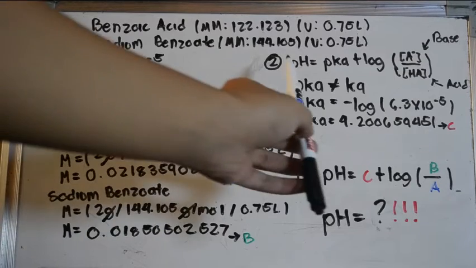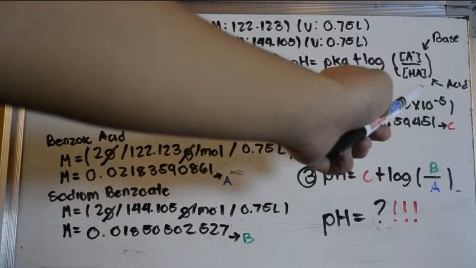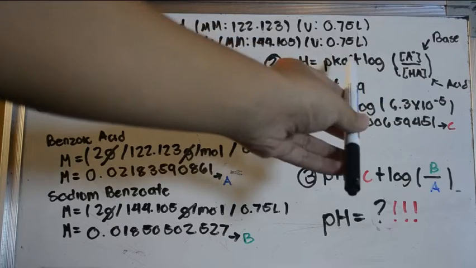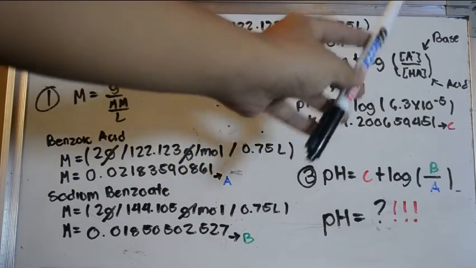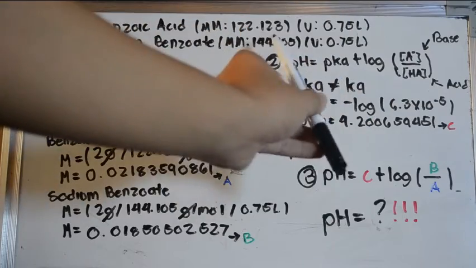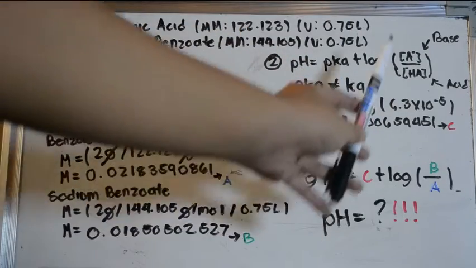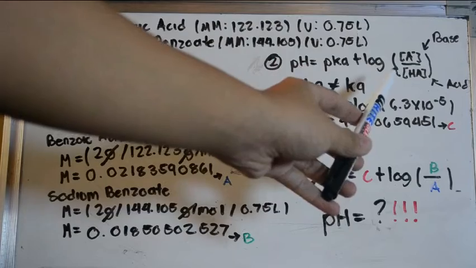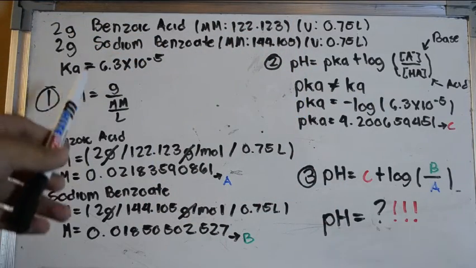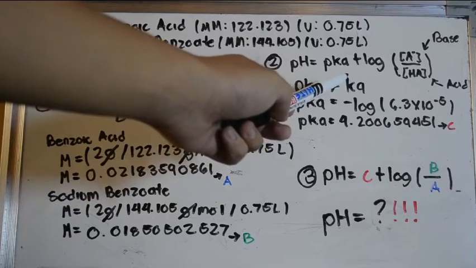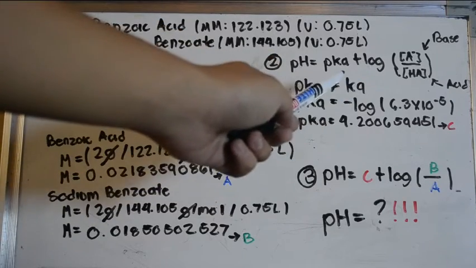Now, given this, we have to plug this all into the Henderson-Hasselbalch equation. But the problem is, these givens by themselves cannot supply the Henderson-Hasselbalch equation. The only thing that we can do now is derive the base, the acid, and the pKa from the given values.